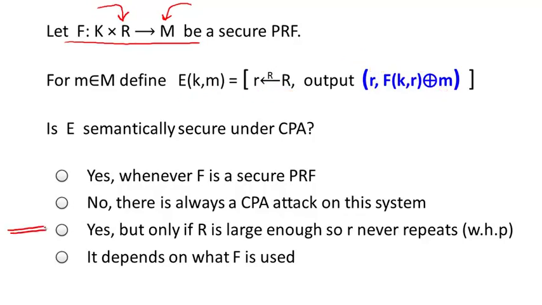So the correct answer is yes, but only if the nonce space R is large enough so that little r never repeats with very, very high probability. And let's quickly argue why that's true. So first of all, because f is a secure pseudo-random function, we might as well replace it with a truly random function.